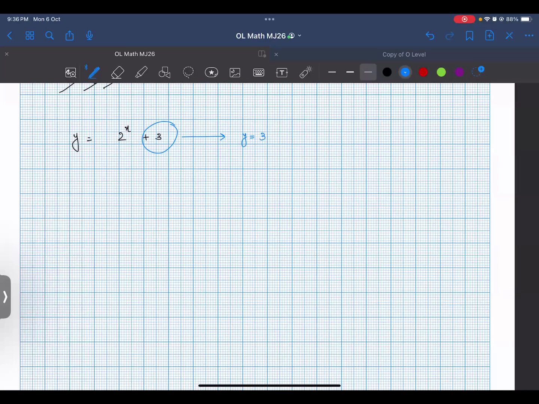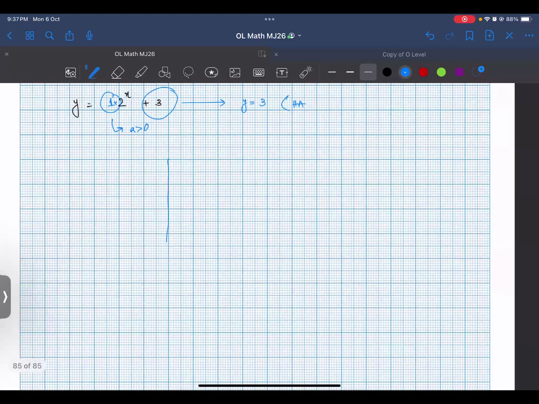So y is equal to 3 is your horizontal asymptote. Your a is 1. A is positive. There's nothing being multiplied with 2 power x, so a is 1. So this means it will be above the horizontal asymptote. So horizontal asymptote at 3.